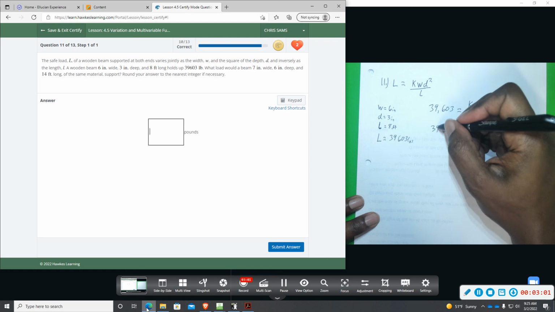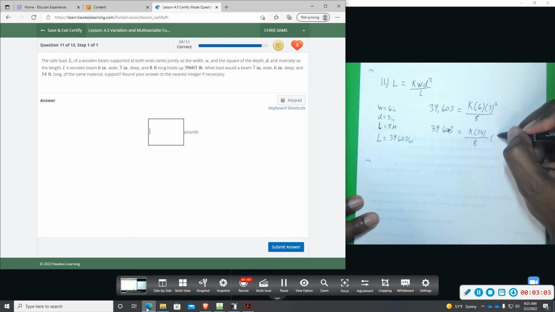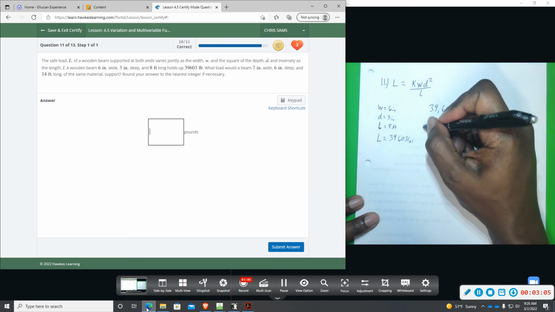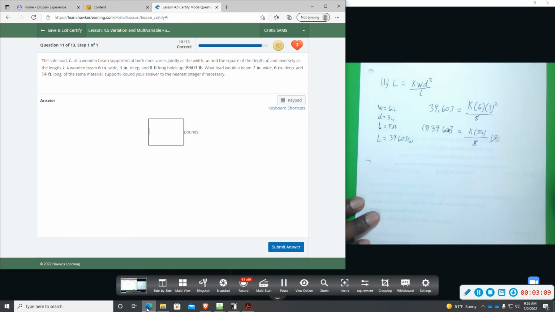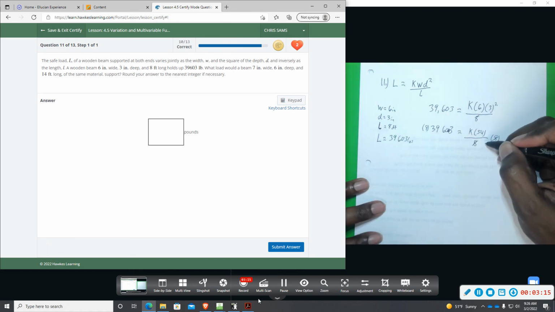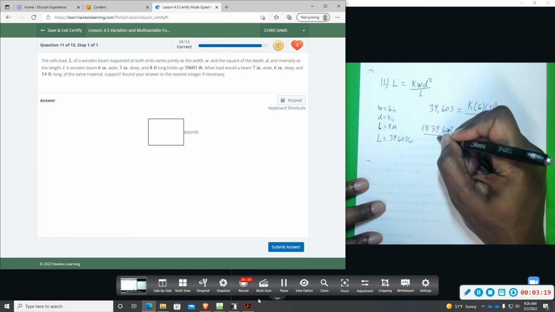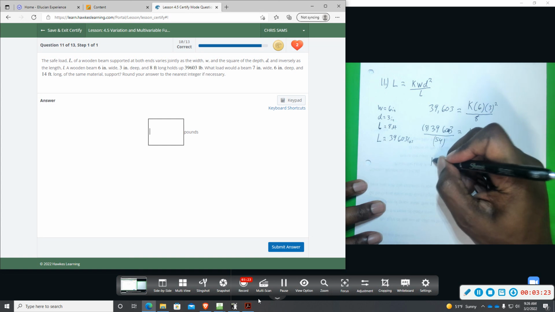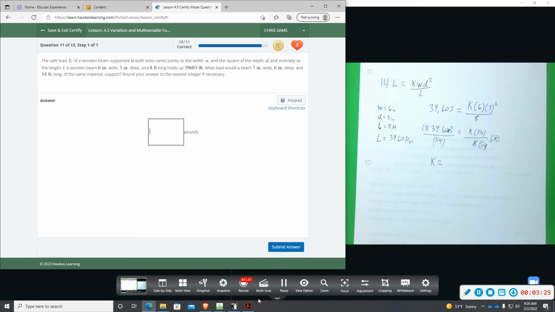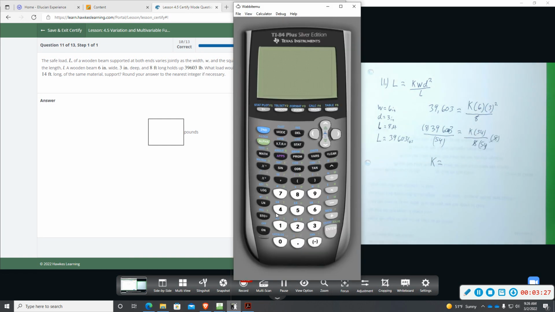All right, we're going to multiply by 8, and then we'll divide by 54 to get K. So multiply by 8 and then divide by 54. I'm just going to write it out here. And that will give us K. So K equals, and we'll get that here using the calculator.